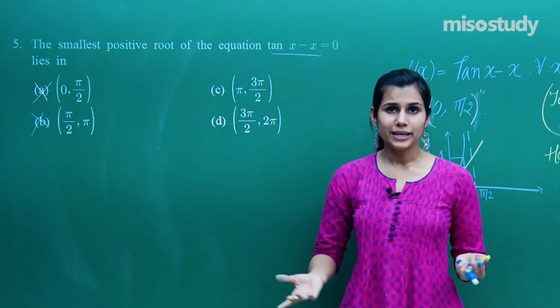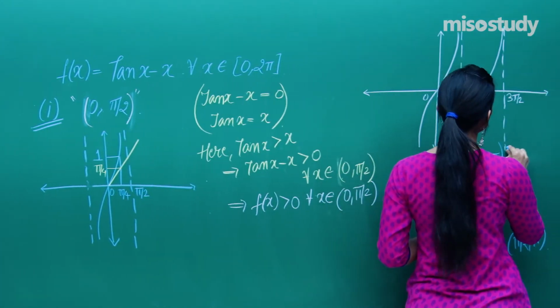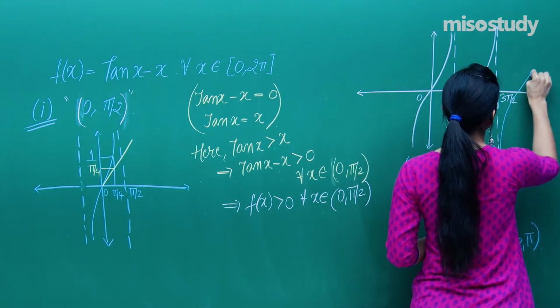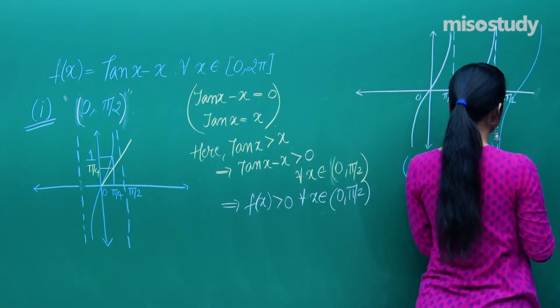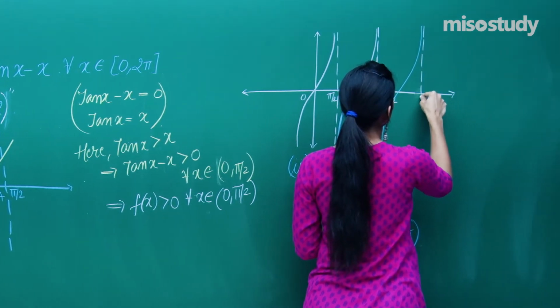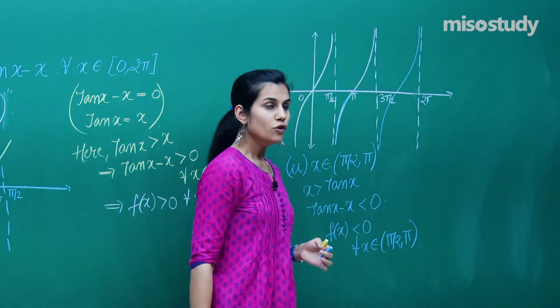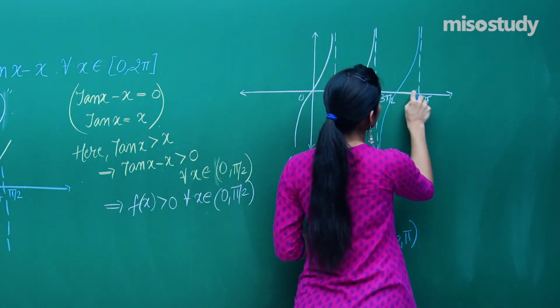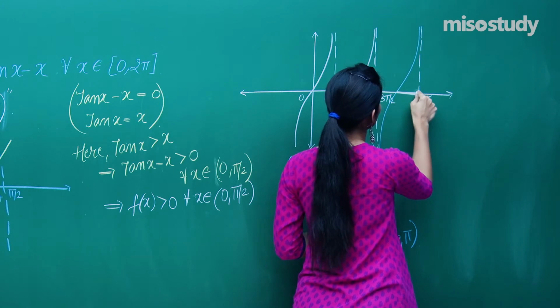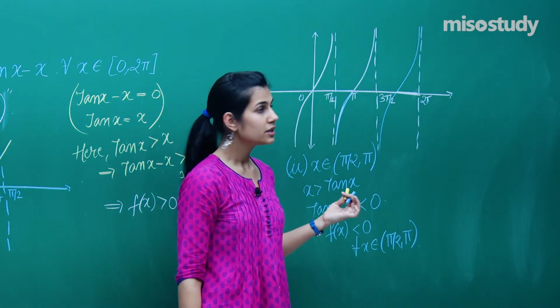Let's see 3 pi by 2 to 2 pi. Okay, so 3 pi by 2 to 2 pi. This is your 2 pi. From 3 pi by 2 to 2 pi, what is happening to the graph?